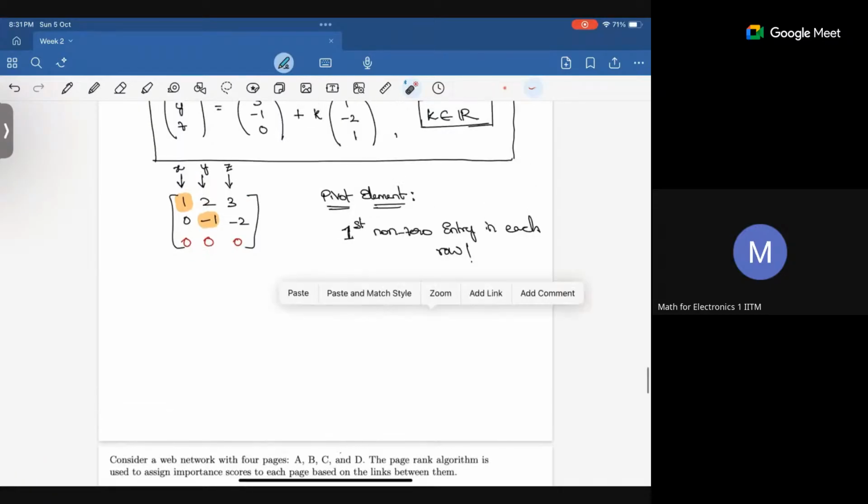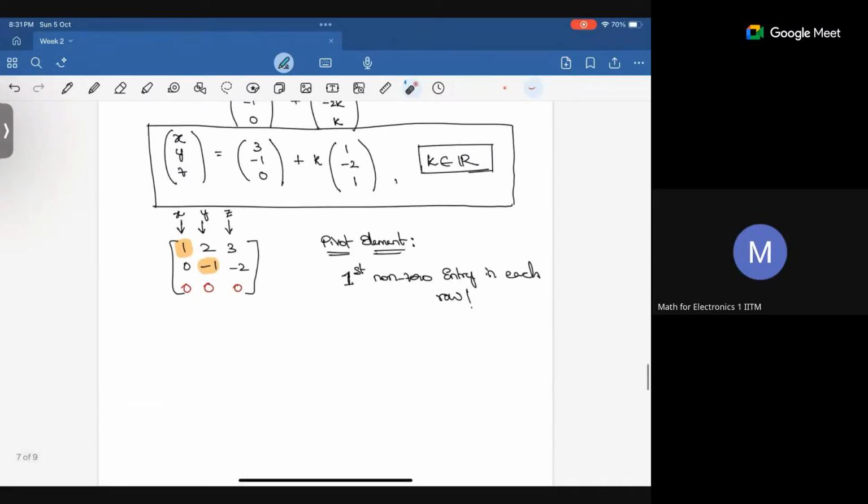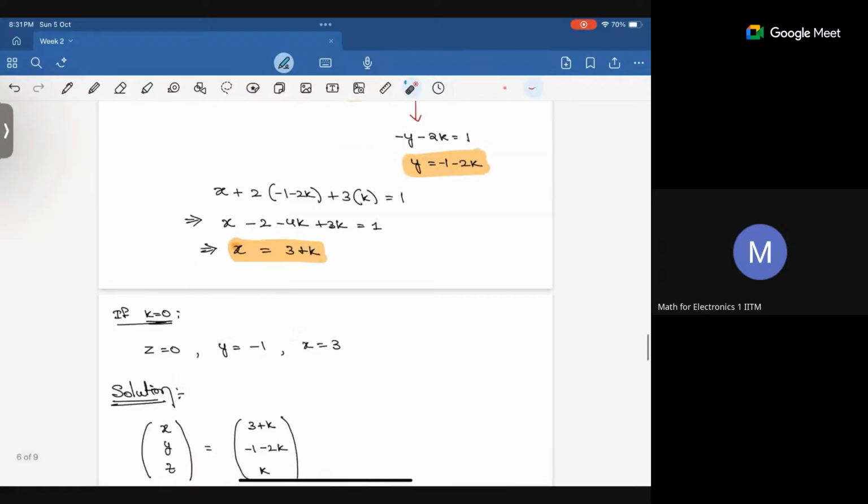Right. So you can see that column x has a pivot element, column Y has a pivot element, but column Z does not have a pivot element. Therefore, you can take column Z as a free variable and give any value to Z, and then find Y and X in terms of Z. Okay, so that is what I did here.